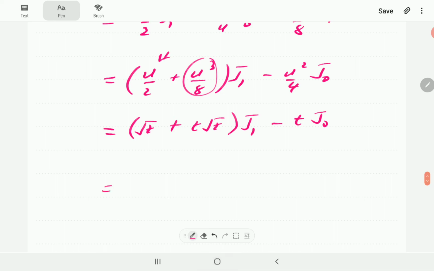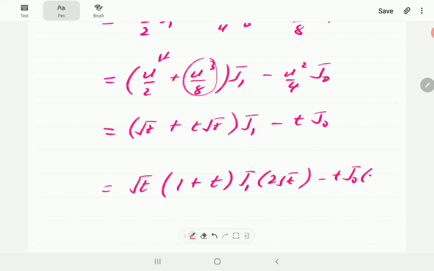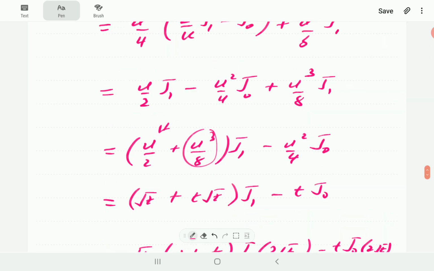Okay, so then finally we can write this as square root t into 1 plus t J1 of 2 root t minus t into J0 of 2 root t. And so that is going to be our final answer.